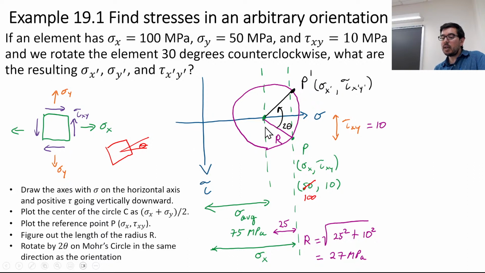The nice thing is that a counterclockwise rotation here corresponds to a counterclockwise rotation here. Okay, but it's twice on Mohr's circle. I don't know how many times I'm going to say twice. It's a lot of times, I guess. Twice what it is when we rotate the element.